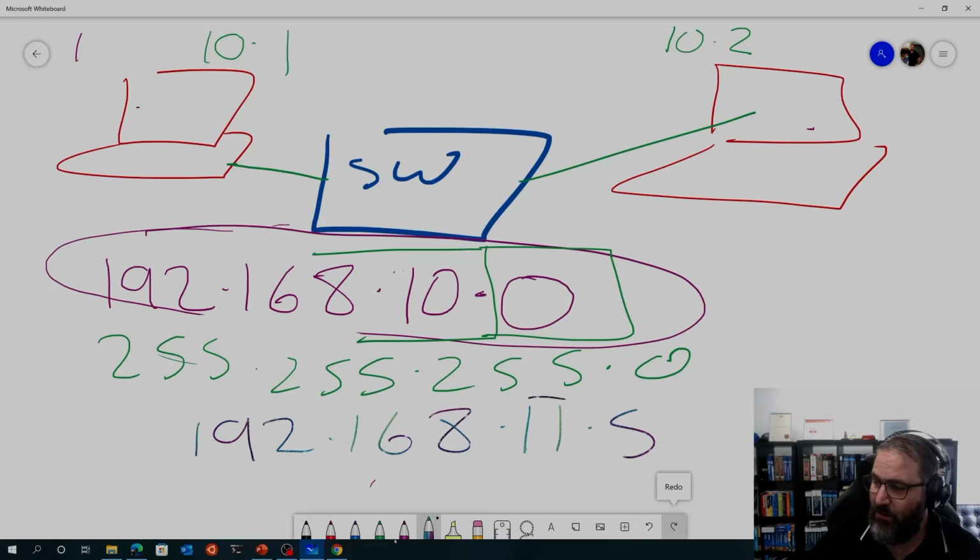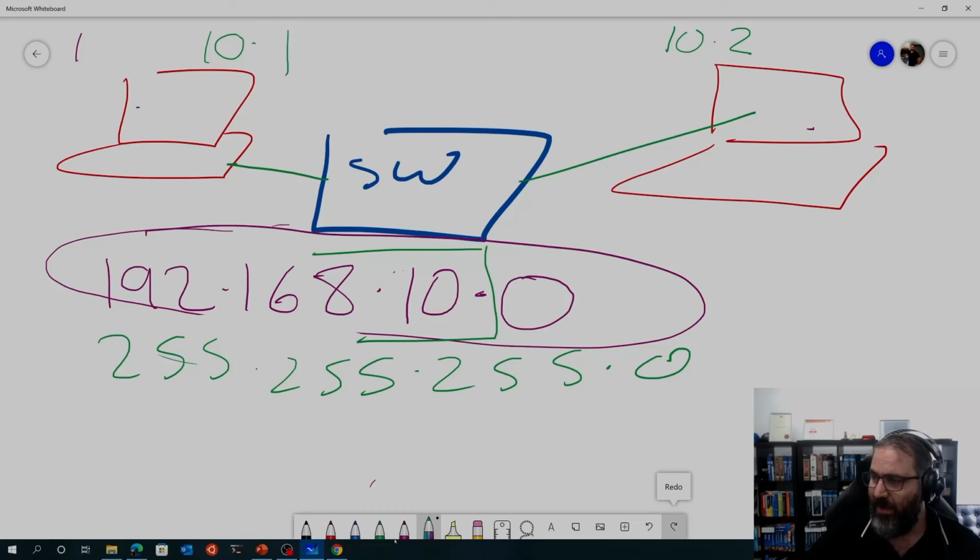That will mean that's outside of this network. It's somewhere else. I can only use addresses that begin with 10 on the third octet. But how far can I go? How far can I go? And this is where we're going to the next part here.